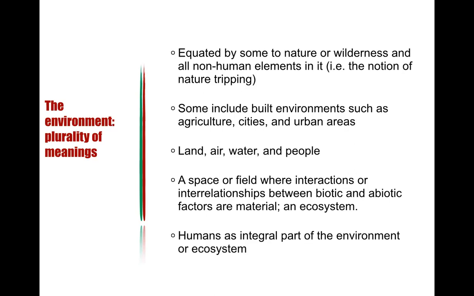Like they would include agriculture or built environments such as agriculture, cities, and urban areas. So pinapakita lang dito that when we talk about the environment, we're not only talking about nature or wilderness, but we're also talking about built environments like agriculture, cities, and urban areas.